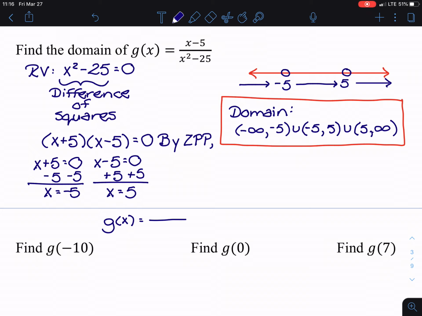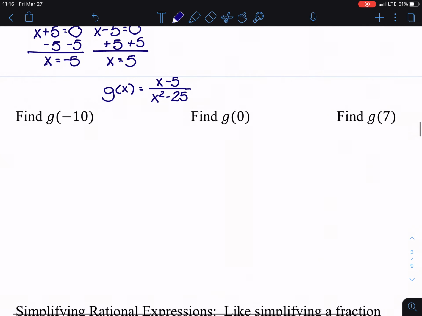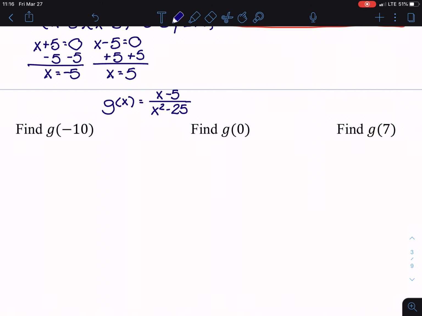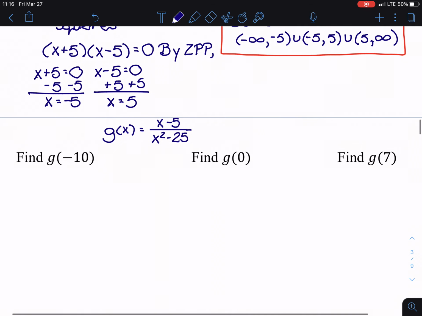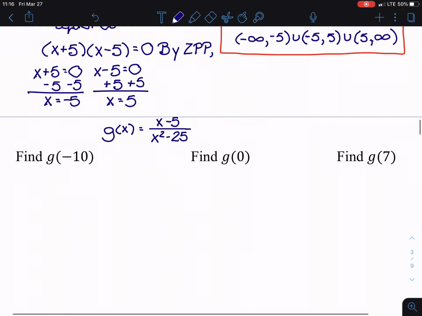So g of x is x minus 5 over x squared minus 25. Okay, so when I do g of negative 10, the first thing I want to notice is that negative 10 is part of my domain, because negative 10 is sitting right here in this piece of my domain. So I know I can find a value for it.